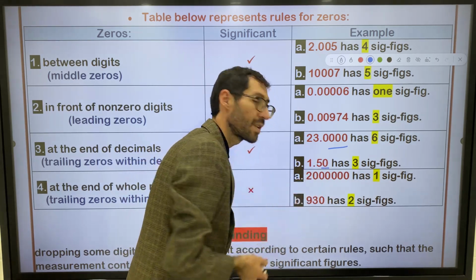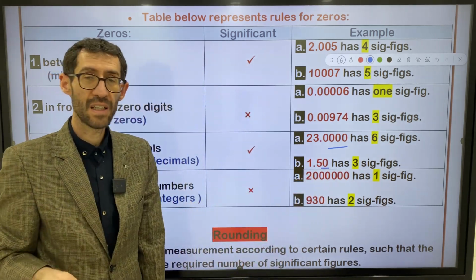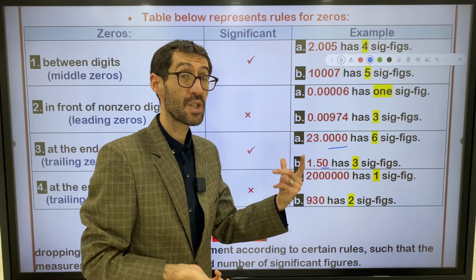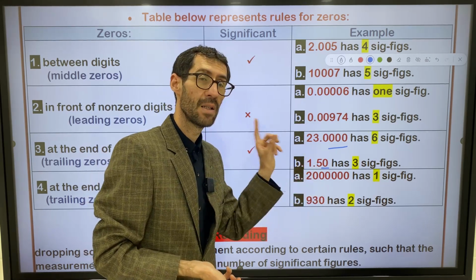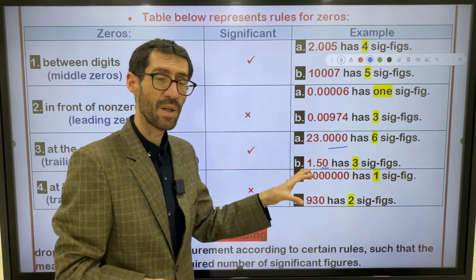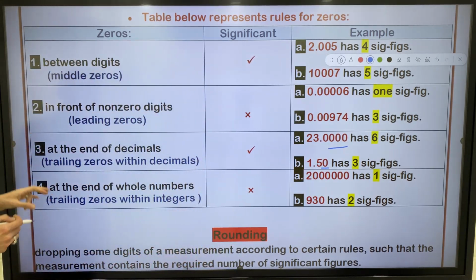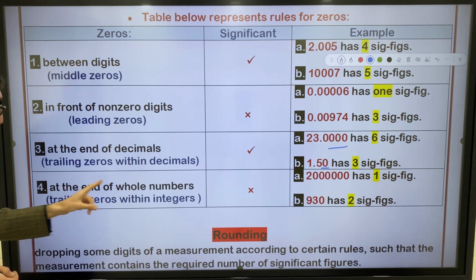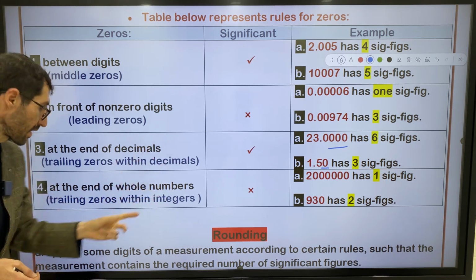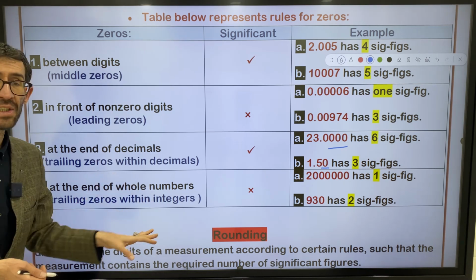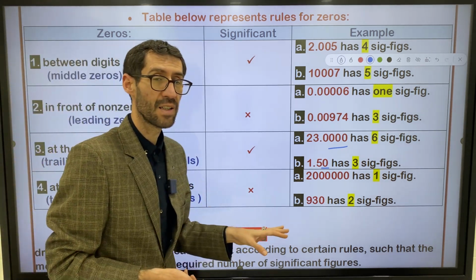Why do we count, let's say, 0 as significant figures? Because it's a trailing zero, especially in decimals, and they are considered significant. About the last one: zeros at the end of whole numbers, or we can say trailing zeros within integers, are not significant.